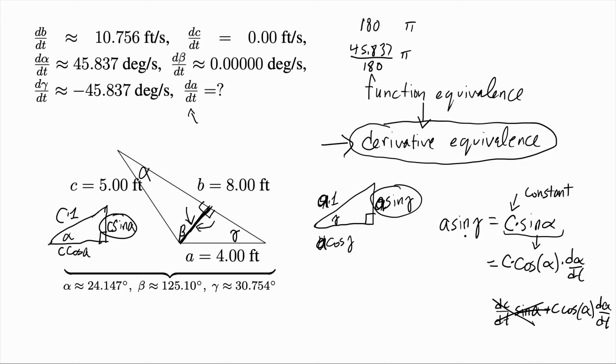On the other side, right here, we take a derivative, and here we're assuming that both a and gamma are variables, since we're trying to figure out what dA dt is, so we're going to have to use a product rule here.